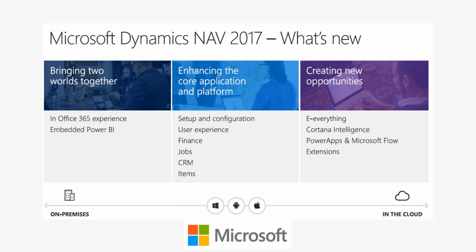It's no longer just the ability to communicate back and forth. We can do some cool things like put an embedded Power BI chart into a user's NAV role center. So that's pretty cool. The second pillar is enhancing the core application and platform.